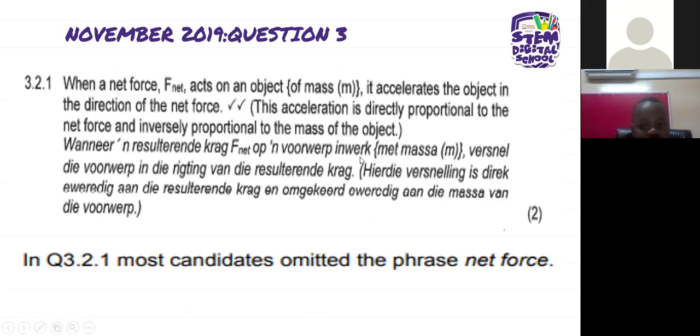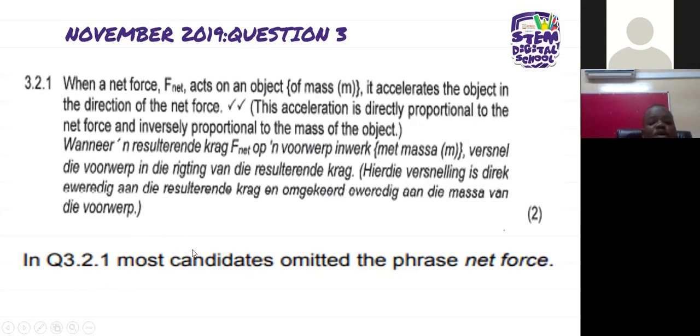And then it says, this acceleration is directly proportional to the net force and inversely proportional to the mass of the object. And remember, I told you, you must state all of it. Acceleration is directly proportional to the net force and inversely proportional to the mass of the object.